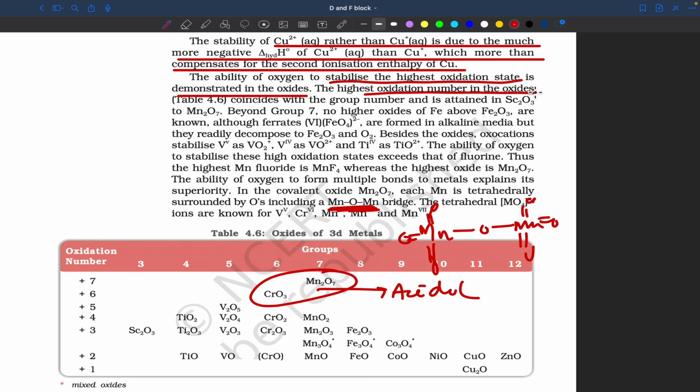The highest oxidation number coincides with the group number of the elements, like SiO2, Mn2O7. Beyond group 7, no higher oxidation states of Fe, Fe2O3 are known, although ferrate is formed in alkaline medium. Some oxo acids are also mentioned here.